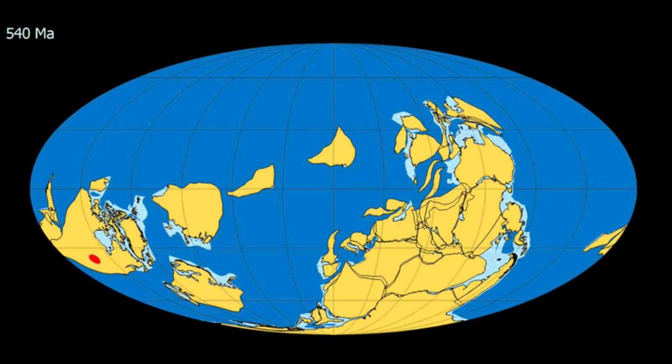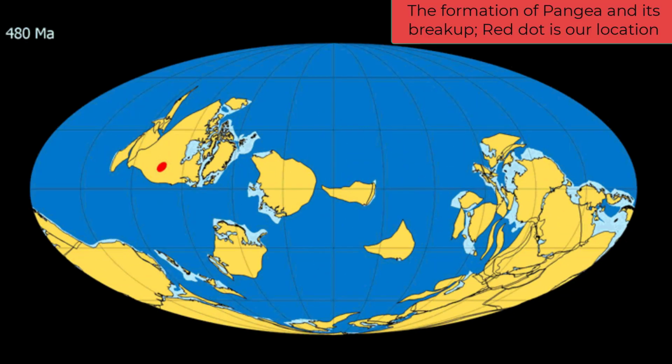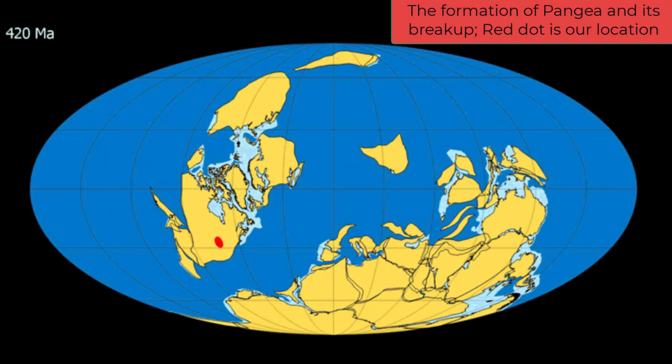That concept or idea is the theory of plate tectonics. Now, what is plate tectonics, you might ask? Well, it's just a way for us to conceptually understand that our continents on the planet and the seafloor are always in motion.